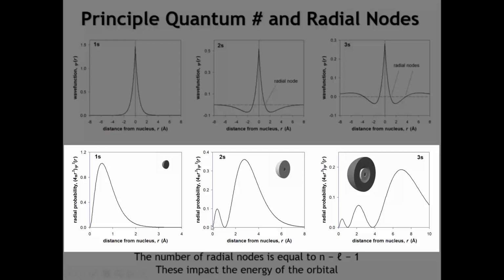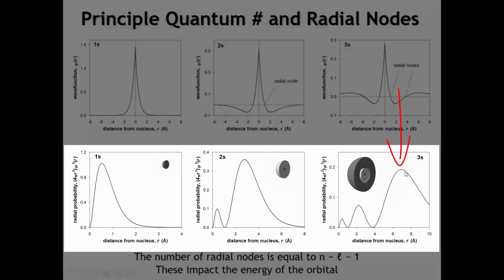For the 2s orbital, we have a small peak not too far from the nucleus. Then we have a node, and then a larger peak out here. So we can see that most of the electron density has now moved further from the nucleus, and we have 1 radial node. For the 3s orbital, we have 2 radial nodes and 2 smaller peaks in the radial probability function.